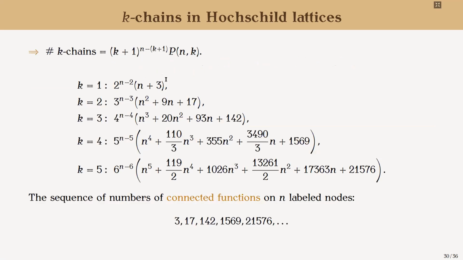So if we go further for the case 1, 2, 3, 4, 5, and we can go after, we obtain this kind of formula. So here, for the case of one chain, we obtain the number of elements of the Hochschild lattices that I gave in the beginning.